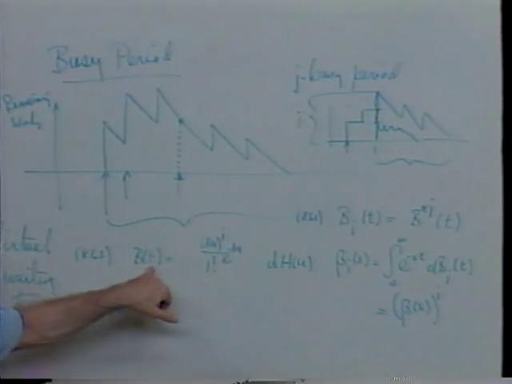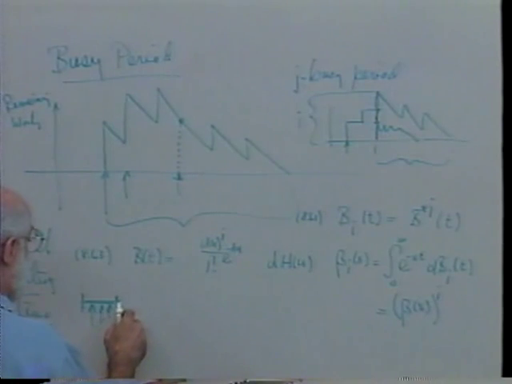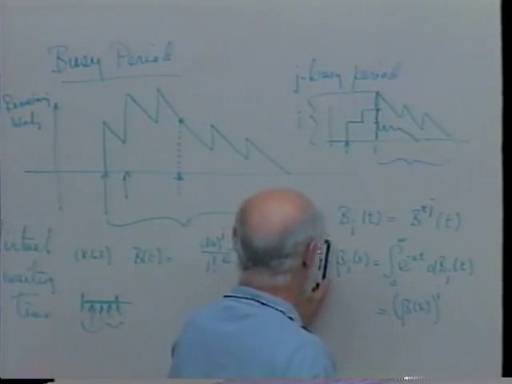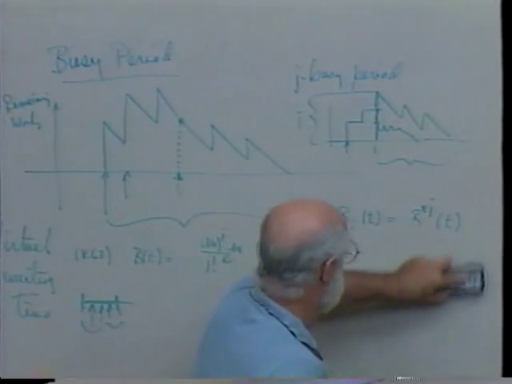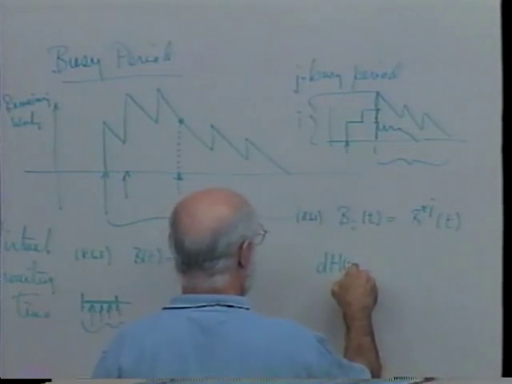If the total busy period is to last less than t, then the busy period that begins after the first service time, which is the busy period generated by those j arrivals, must last less than t minus u. Let me give myself a little bit more room here. Here's the dh of u.